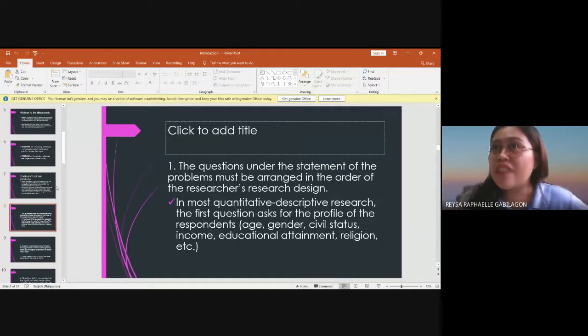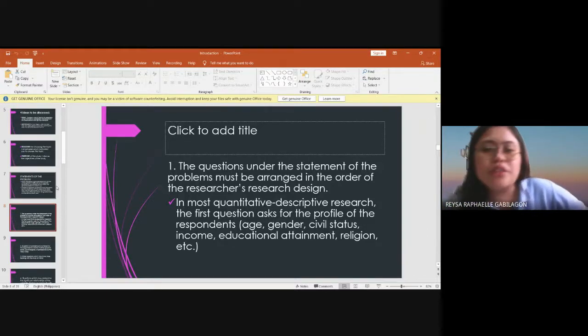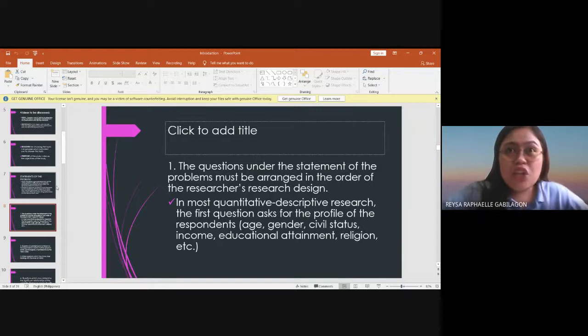Pero pag sa quantitative research kasi, kailangan talaga natin siyang isa-isahin. So i-subdivide natin yung ating general problem and i-specify natin. Pero ang tandaan nyo, huwag kayo maglalagay ng question sa statement of the problem na hindi mo masasagot sa result. Everything should be answered in the results section. Na kung ang inyong gagawin na research is about quantitative descriptive research, most of the time it starts with the question about the demographic profile of our respondents.